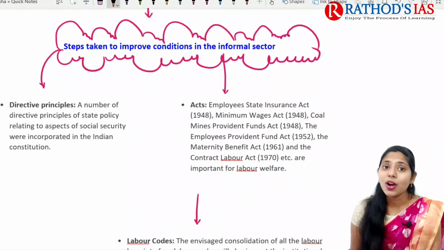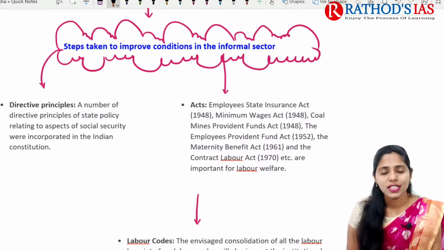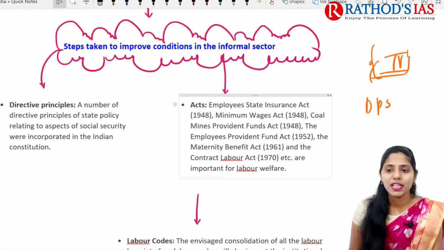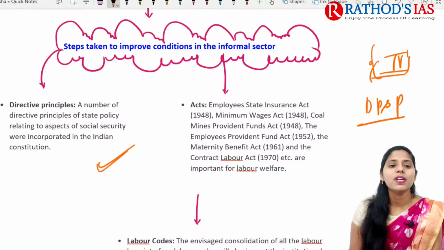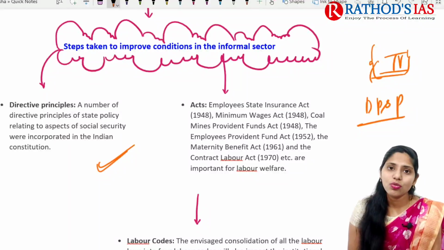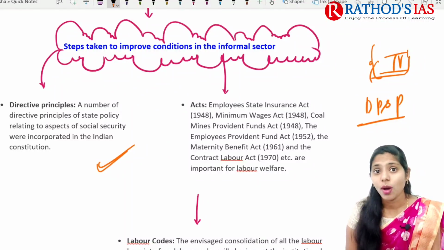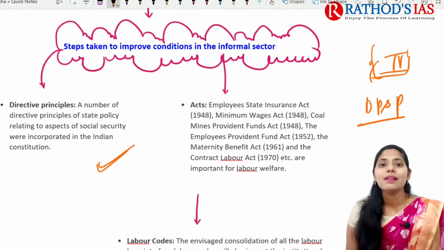Now, what are the steps taken by the government? First, in Part 4 of our Indian Constitution, we have the provisions of DPSP, the Directive Principles of State Policy, which mainly focus on social security. Social security is incorporated in our Constitution through the Directive Principles of State Policy in Part 4.